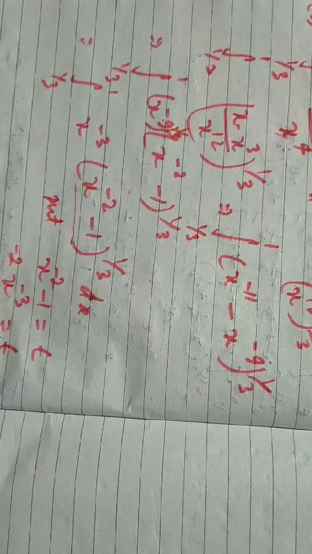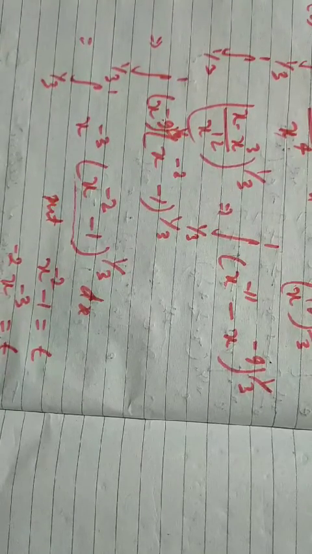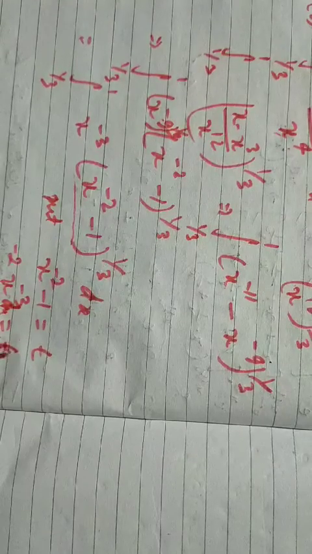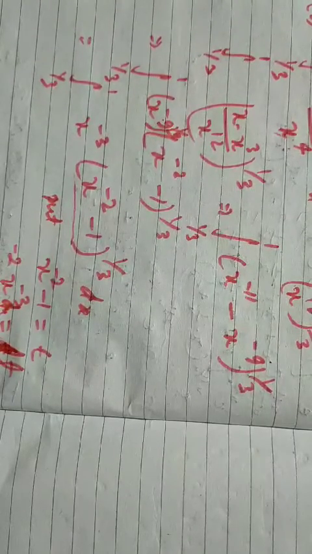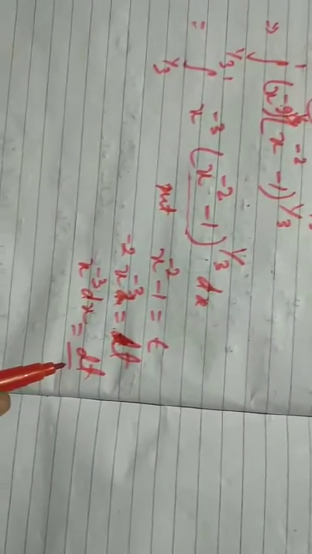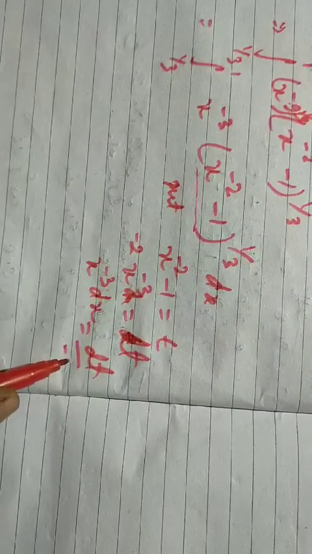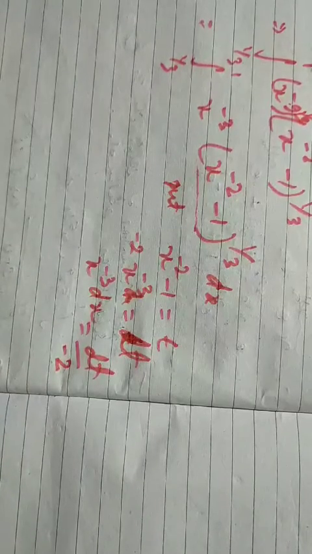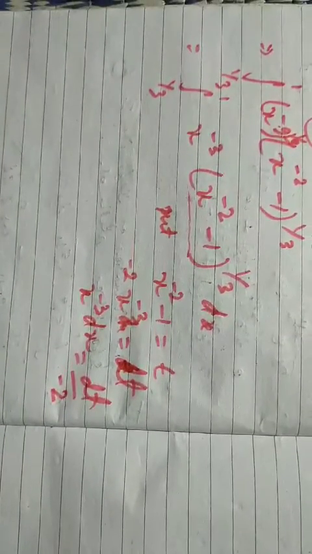Therefore x to the power minus 3 dx is equal to dt upon minus 2.